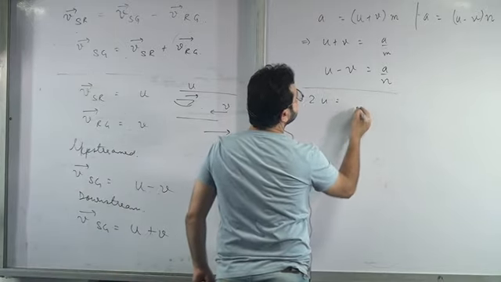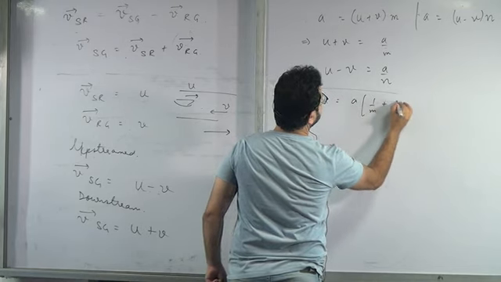This will give me 2U is equal to A times (1 by M plus 1 by N).